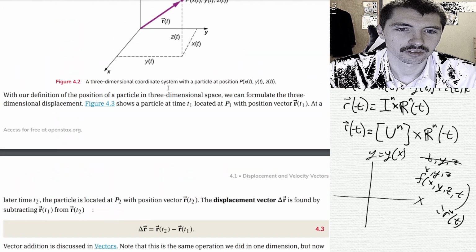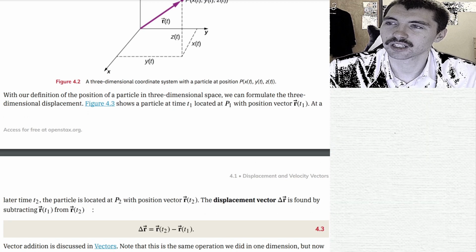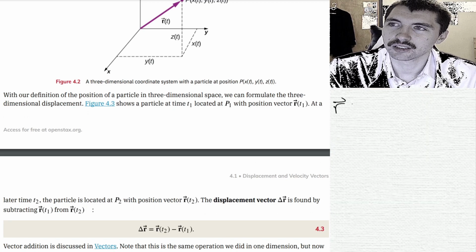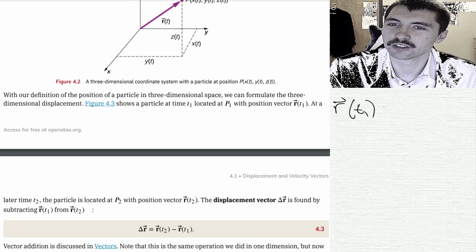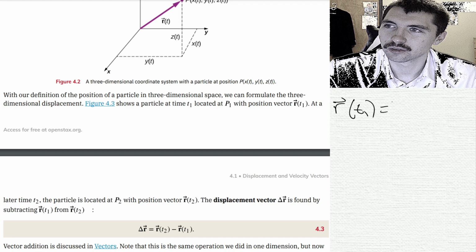Okay, so particle at time t. This is a compact way of saying we have a particle at point 1.